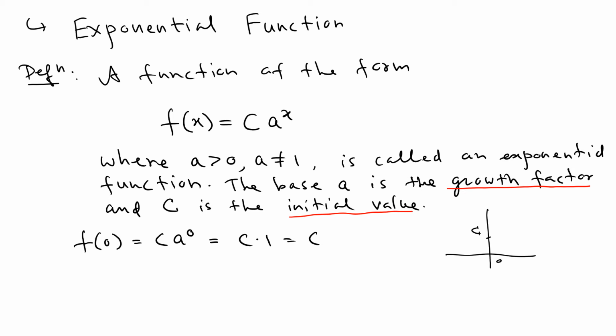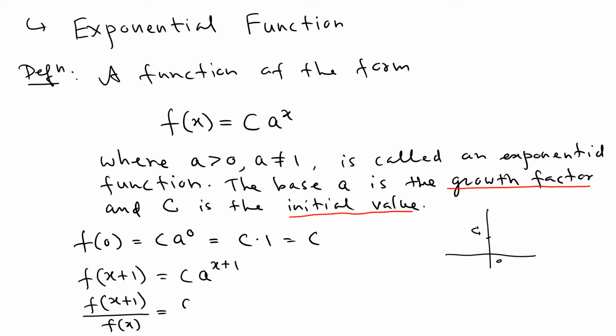Good. And we can notice one more thing. What happens if you calculate f of x plus 1? You start with any value and calculate f of x plus 1. This is going to be c a to the x plus 1. Now we can divide the two, to see the ratio between f of x plus 1 and f of x.